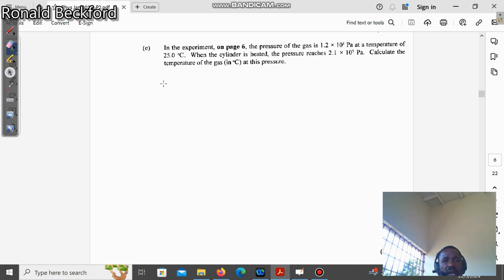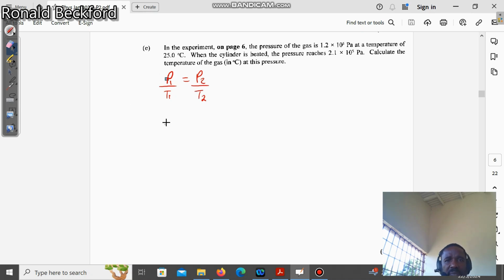So all temperatures should be converted to Kelvin. We're using the pressure law, and the formula is P1 over T1 equals P2 over T2.